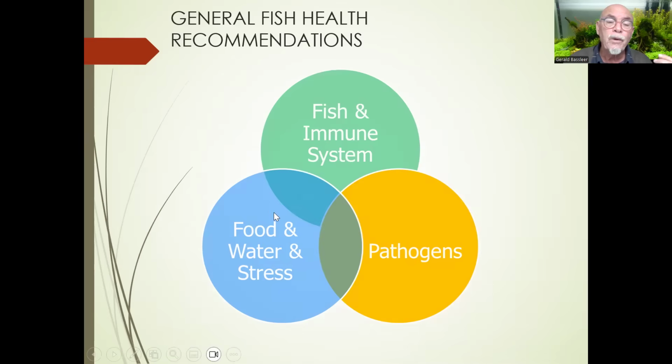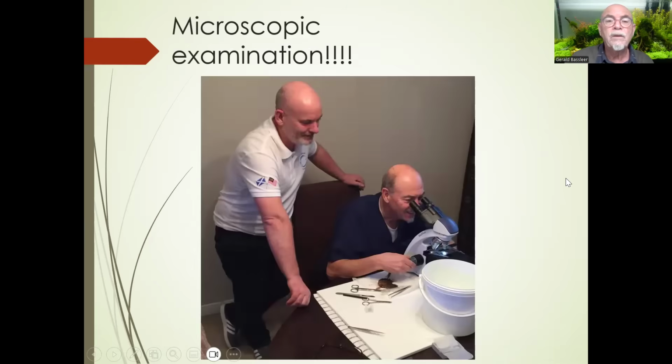You can help with good food, good water, and by avoiding stress, because that has an impact on the health of the fish and on the immune system. Because when that fails, and there is bad water, bad food, a bad immune system, the pathogens have a chance to create a disease. That's in general my recommendations.